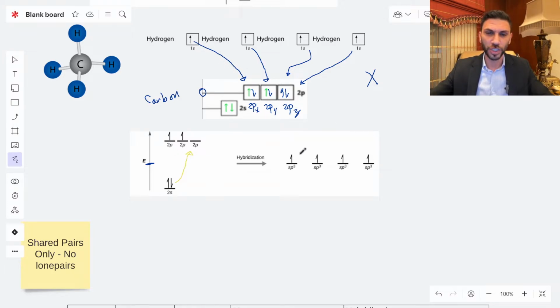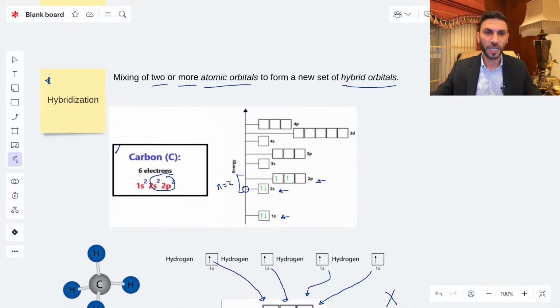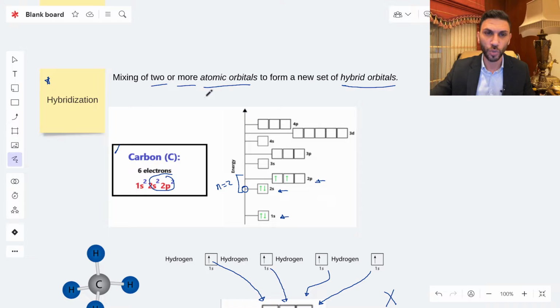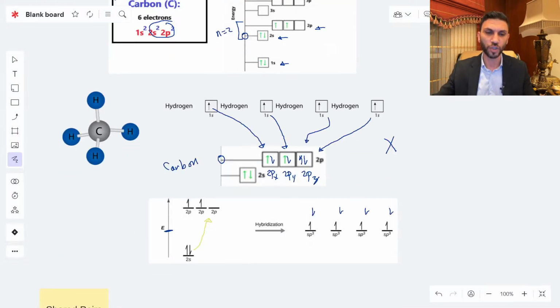Now, each hydrogen atom can put its electron in this hybrid orbital. So, what is hybridization again? Hybridization is mixing 2 or more atomic orbitals, just like what we saw, s and p in this case, as an example, to form a new set of hybrid orbitals.